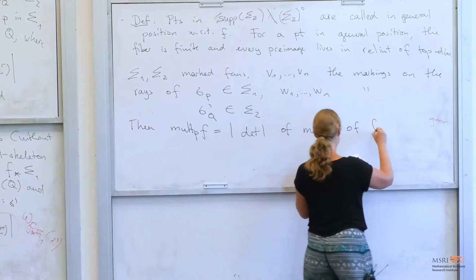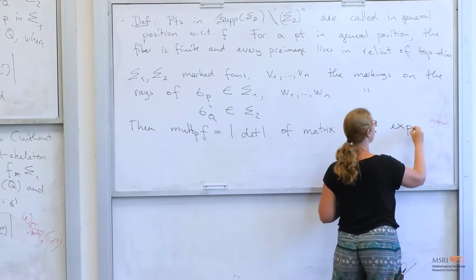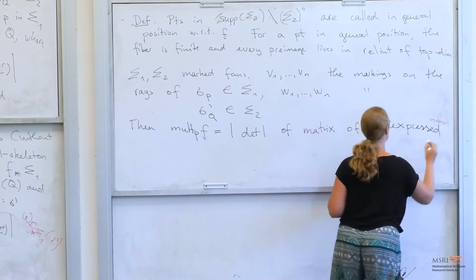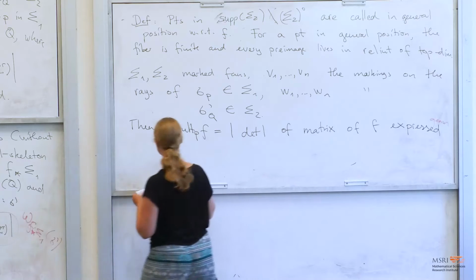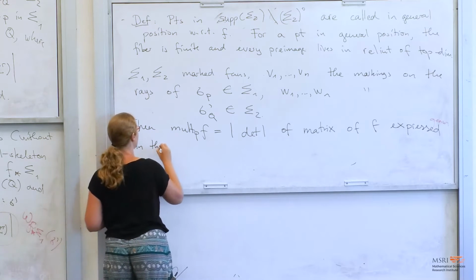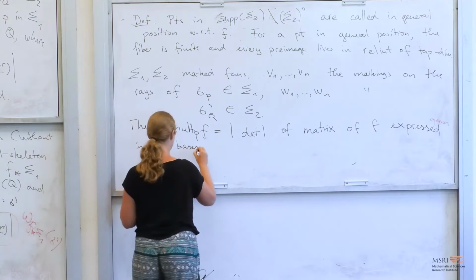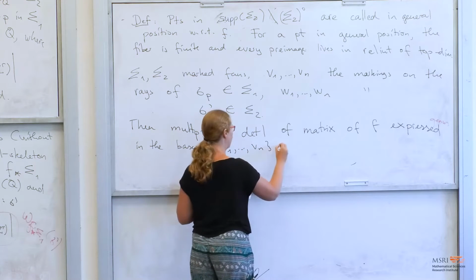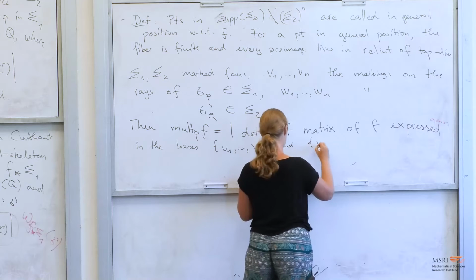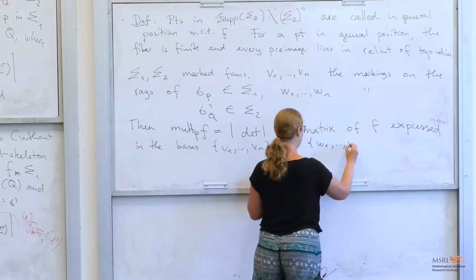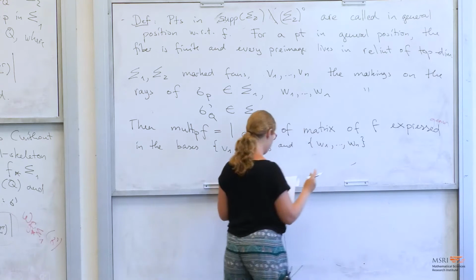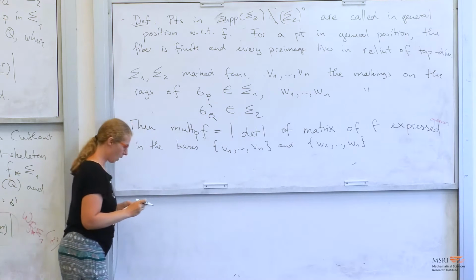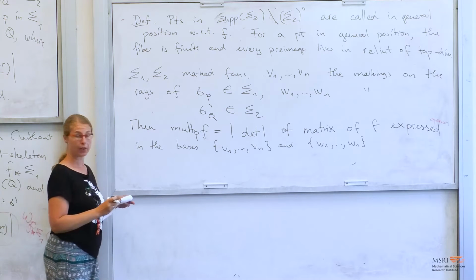of the matrix of f expressed in those bases, V1 up to Vn and W1 up to Wn. Why is that the case?